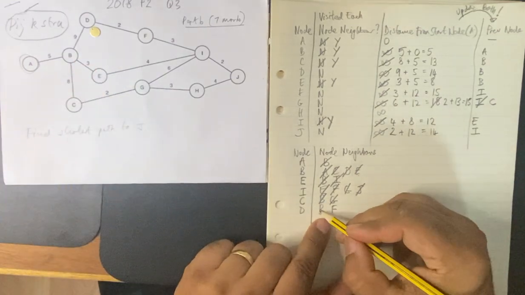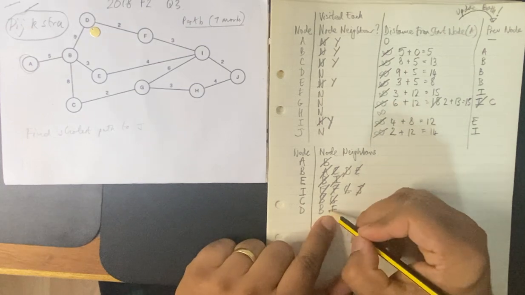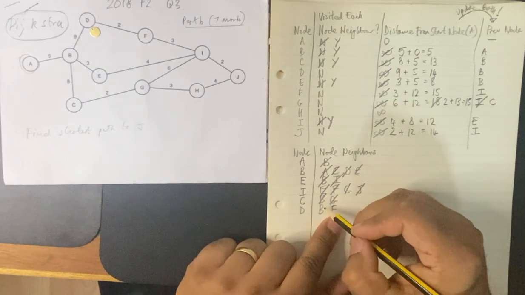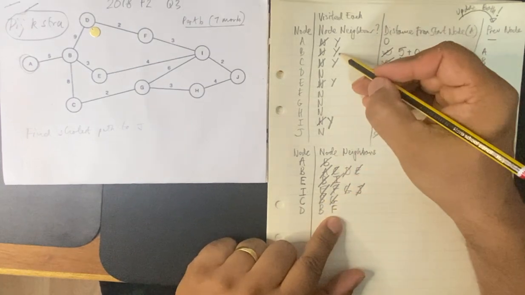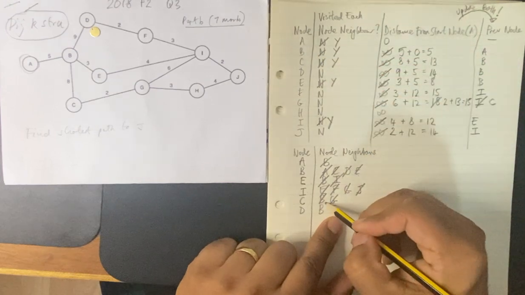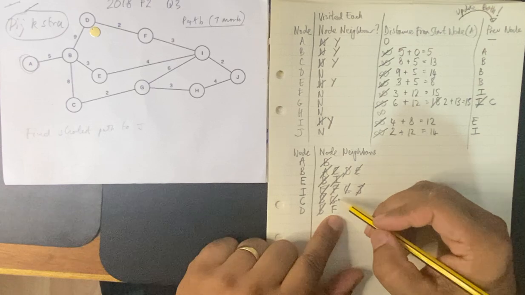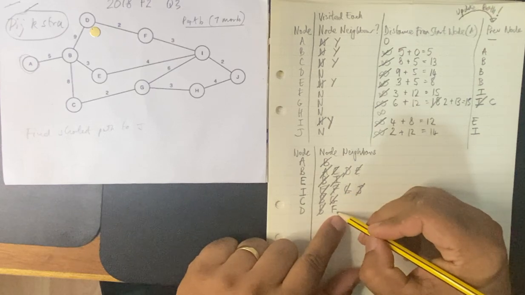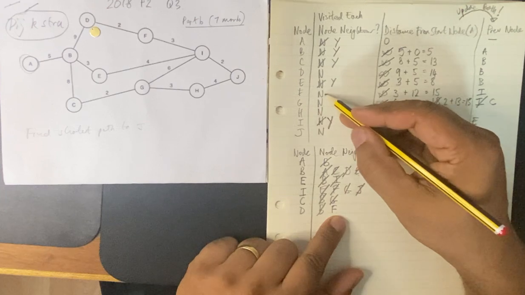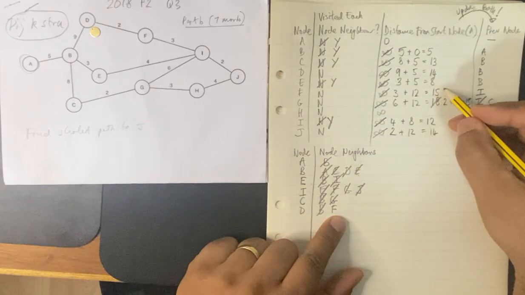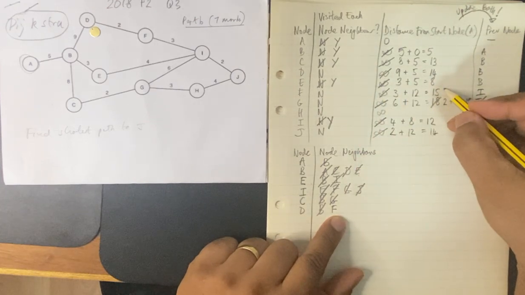Now we're going to process these neighbours. Okay, so B, we've got a Y here, so we don't need to do anything. Put a line through it. That's good news. And then the F. There's no line. It's still a no, so we could update it if our path is smaller.